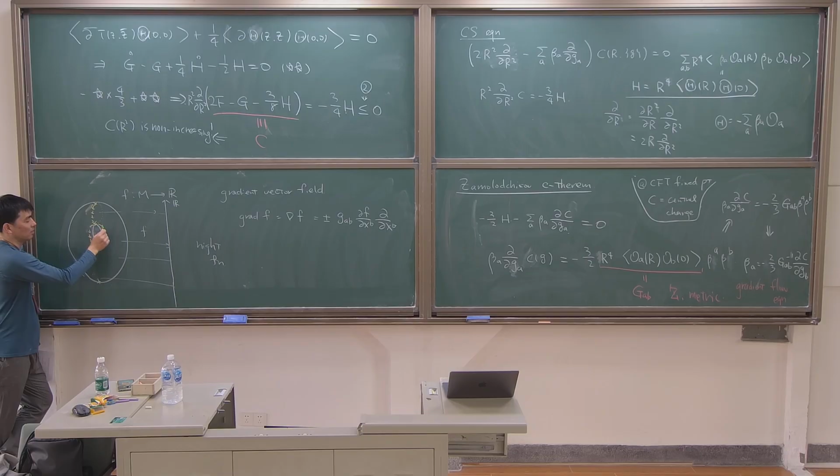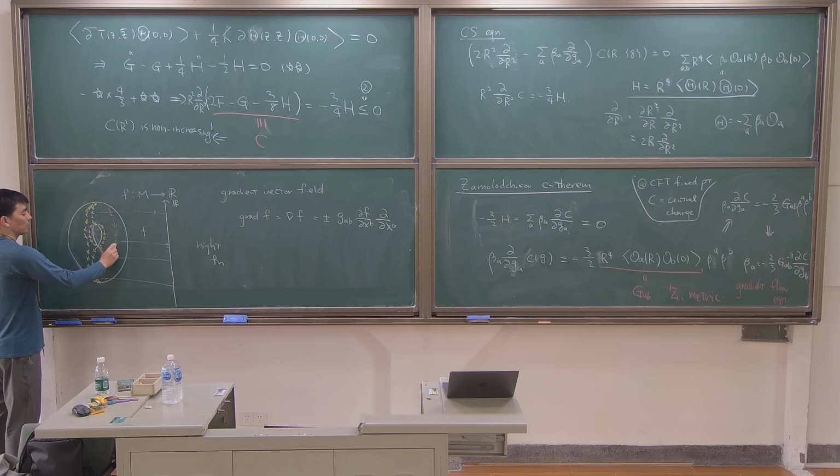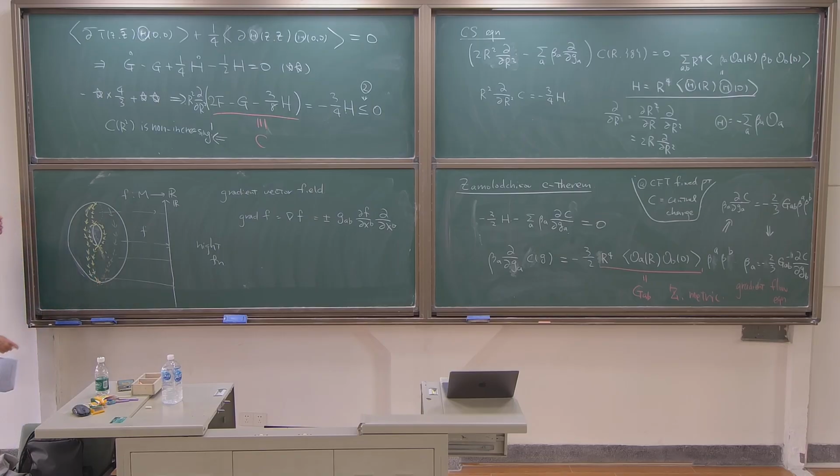It flows like this. So these are gradient flow equations. Okay, so that's a gradient flow equation.